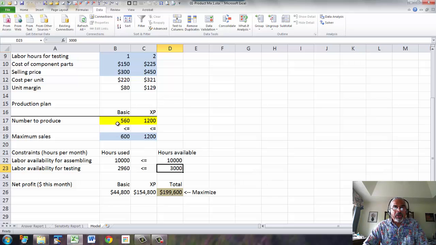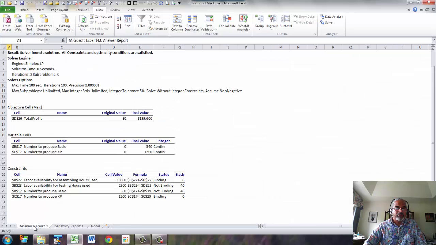And same here, if you look at these two, you have a maximum sales of 600, we are only producing 560. So there is a slack of 40, and here there is no slack. So when there is no slack, those constraints are called binding constraints. If there is slack, then they are non-binding, and that's what's shown here in the answer report.